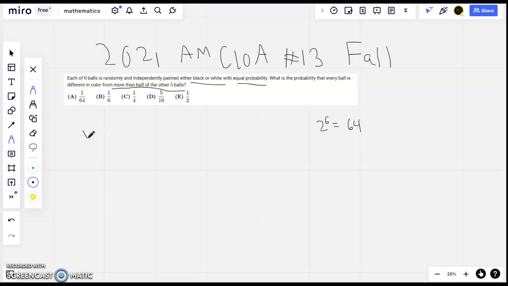So our cases are white, black, black, black, black, black, and white, white, black, black, black, black, so there's gonna be 1 less black, so there's gonna be 4 black, and there is white, white, white, black, black, black.